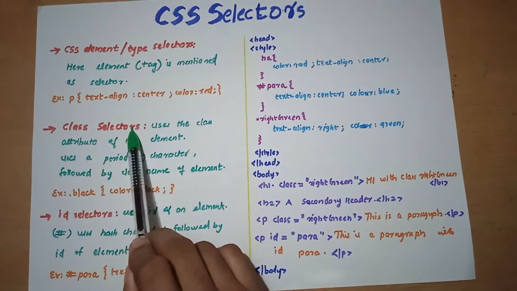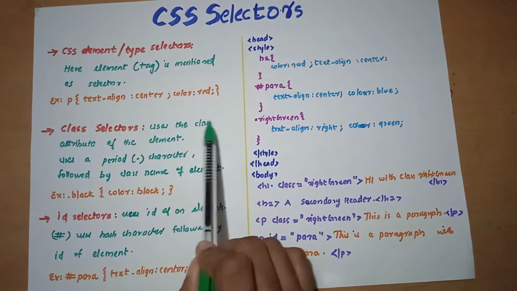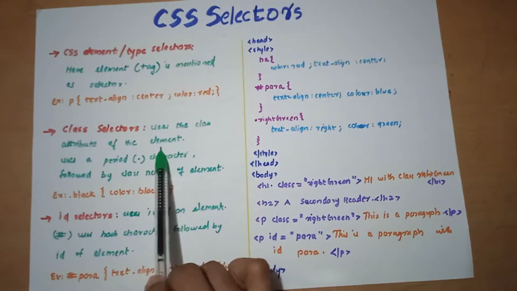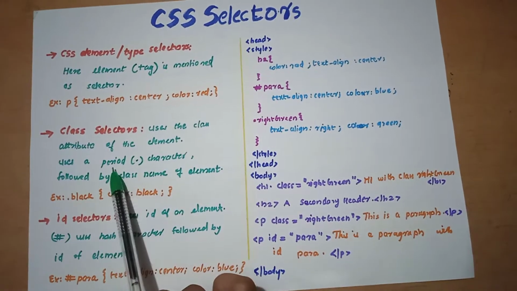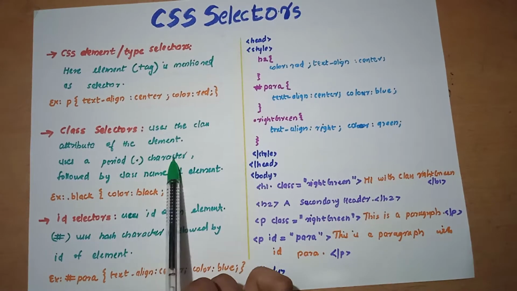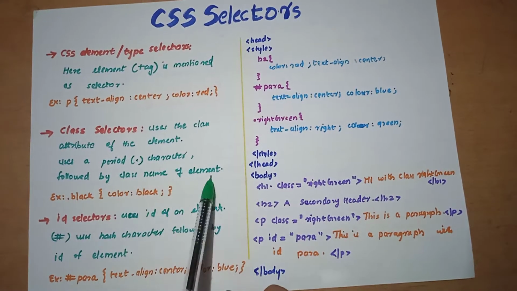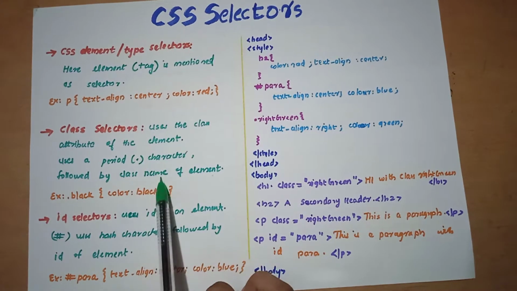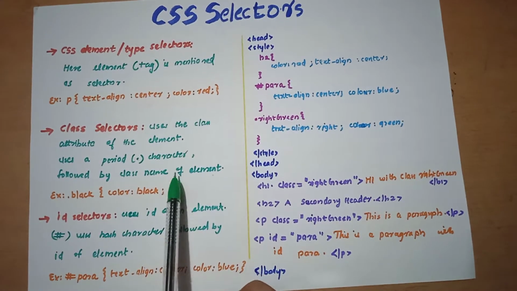The next one is the class selector. It uses the class attribute of the element, with a period, that means a dot character, followed by the class name of the element. This is what we have used and seen in our previous videos.